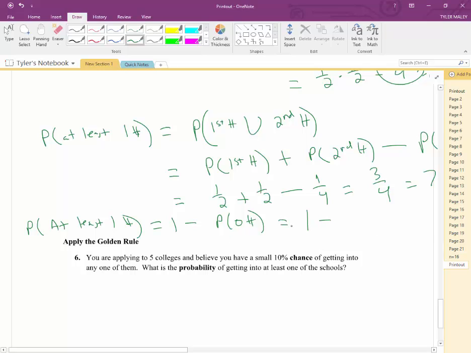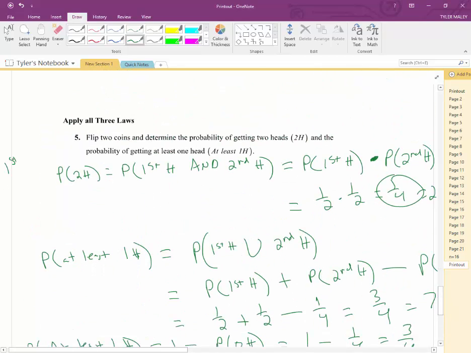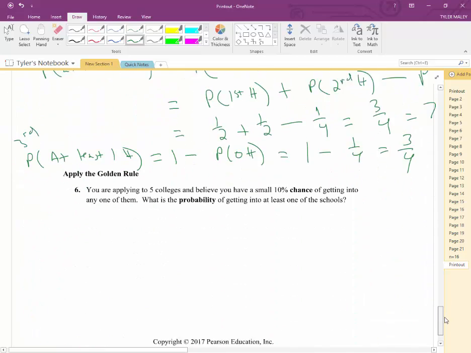So this would be 1 minus the probability of getting 0 heads, which is 1 out of 4, if you get tail, tail. So only one of those occurs out of 4. So this also gives me 3/4. So first we applied the first law, then the second law and the third, so we got practice with all of those again.